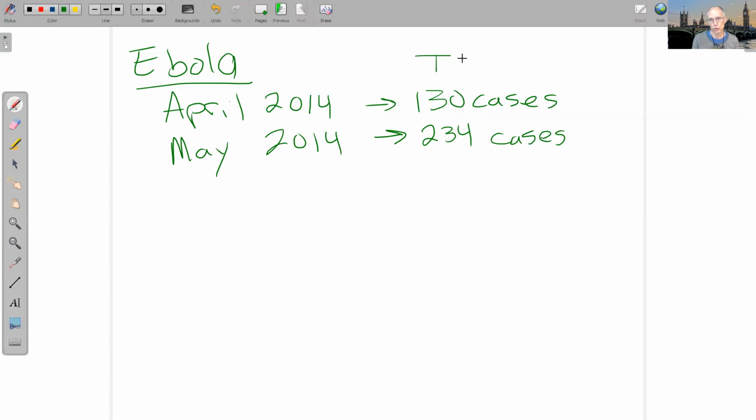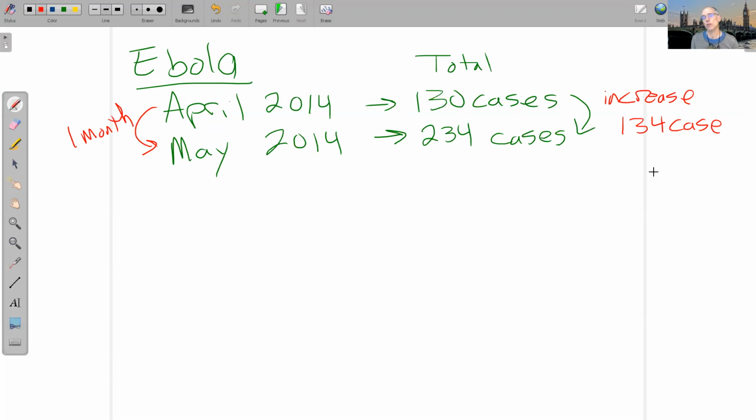And these are totals, not just monthly cases, so total cases. So from here to here, there was an increase of, what would that be, 134? So over 1 month, there was an increase of 134 cases.